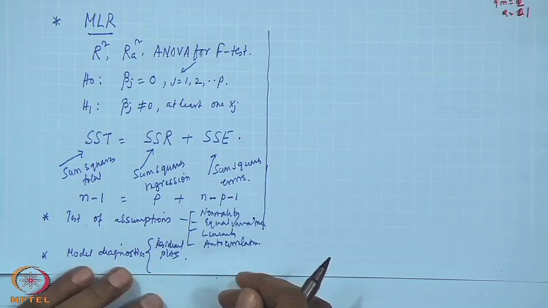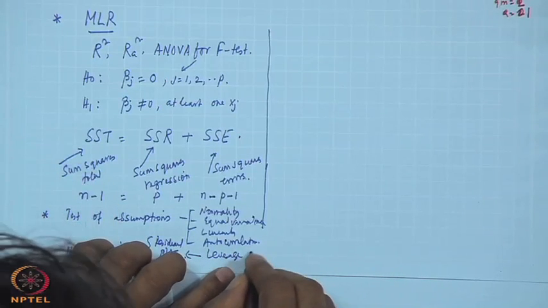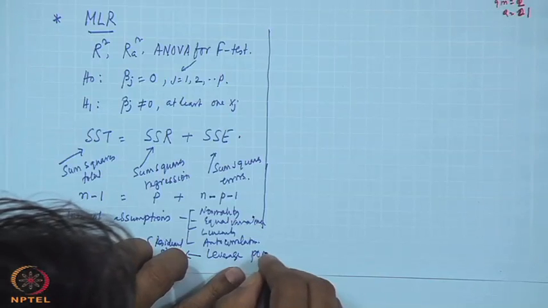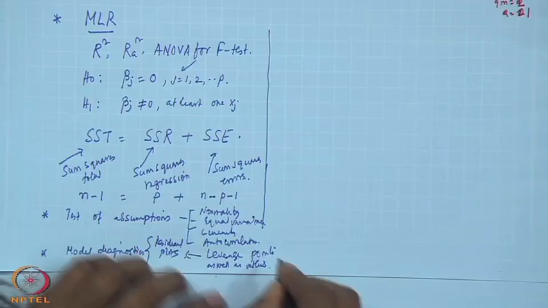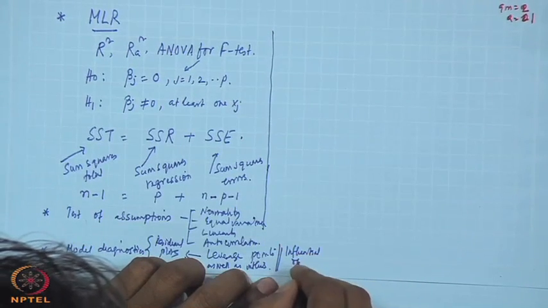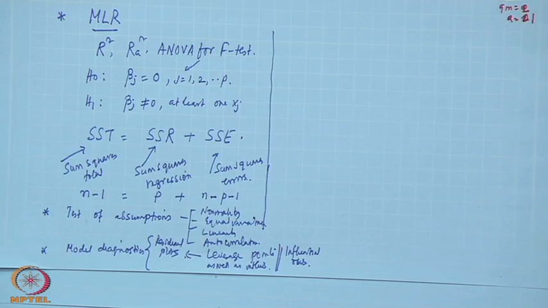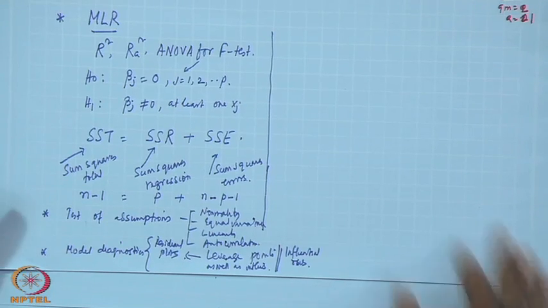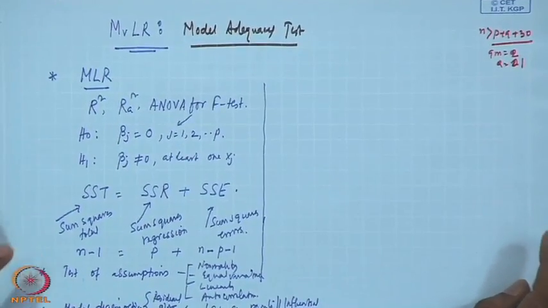So many things are there for finding leverage points and outliers. Ultimately we say these are all influential observations. So, can all those things not be done in MVLR? It is possible, and most of the time the software will give you the outputs.